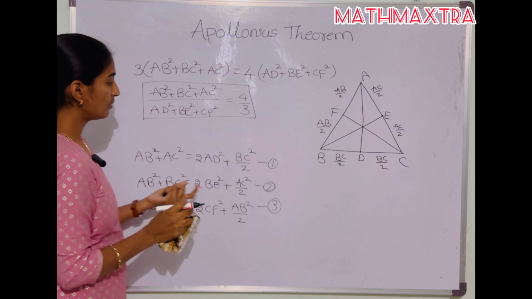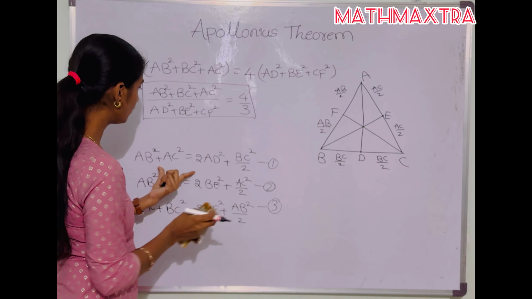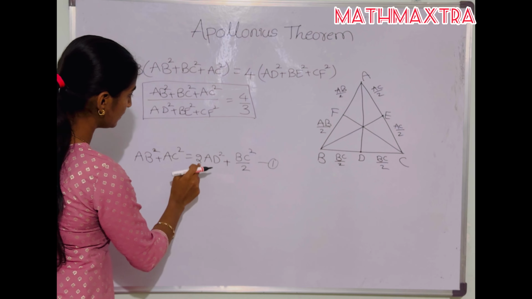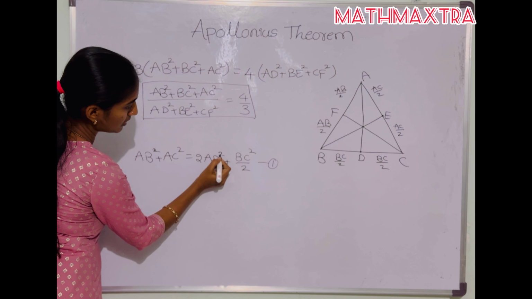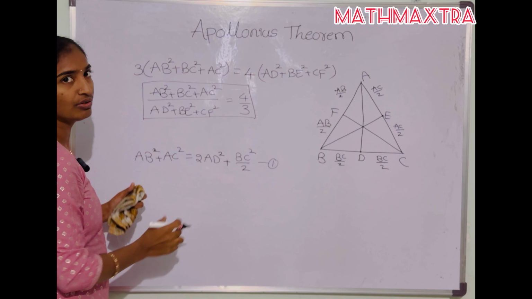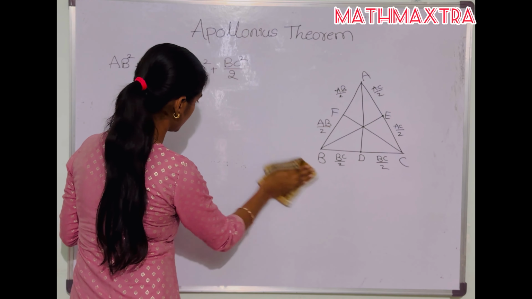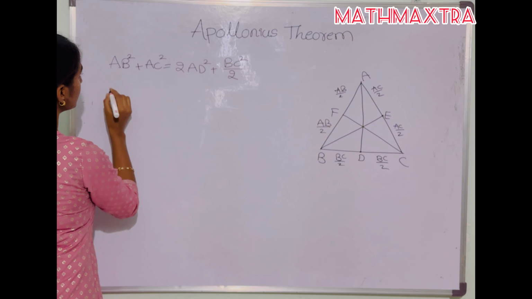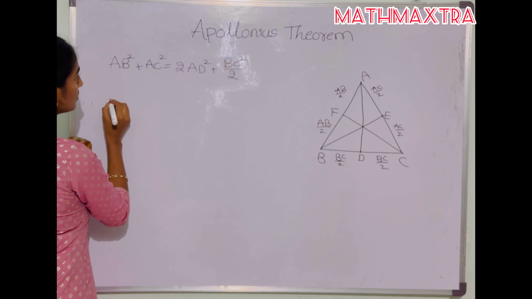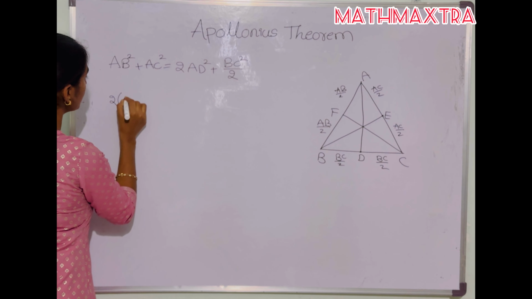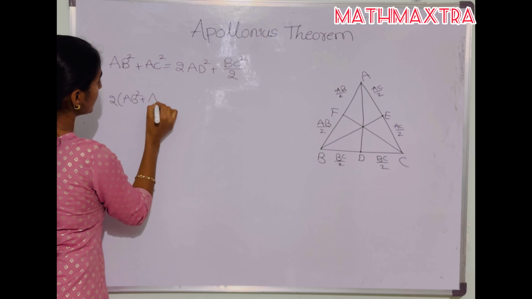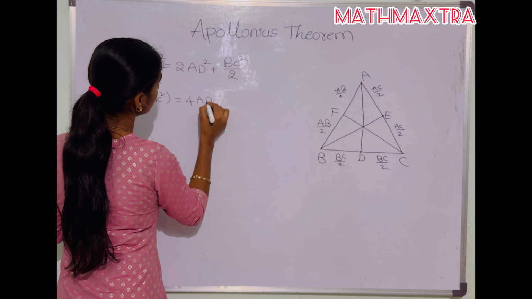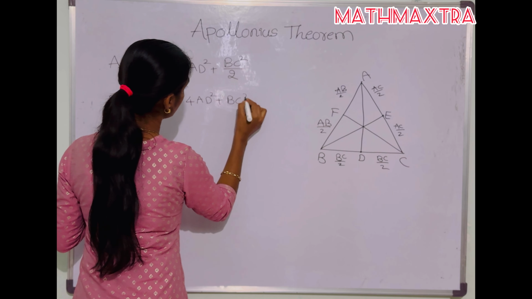And from this relation you can find out the length of the median also. See, AD is the length of the median, right? So from this we will find out the length of the median, that is AD. You multiply both sides by 2. See, 2 times AB square plus AC square is equal to 4 times AD square plus BC square.